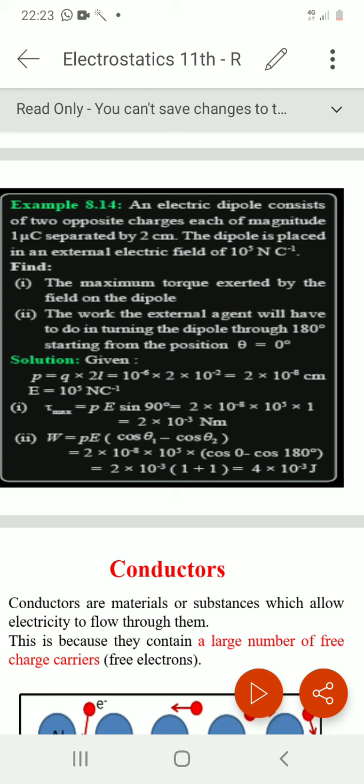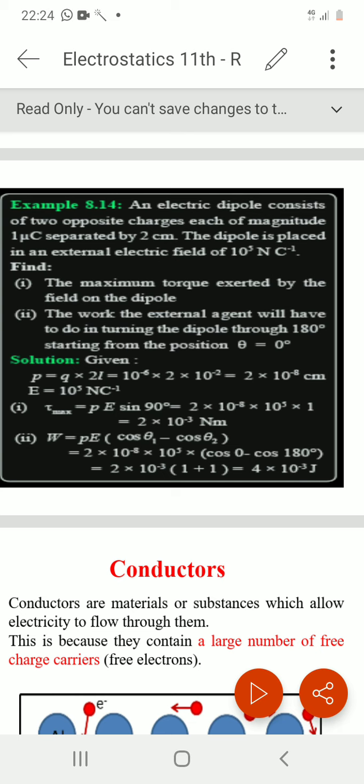So let us first calculate the maximum torque. Torque is Pe sine theta, right? The value of P is known to you, the value of E is also known to you, and the maximum torque is to be calculated. In the formula, sine is there, and sine is maximum when theta is 90 degrees, then sine 90 is 1, which is the maximum value of sine.